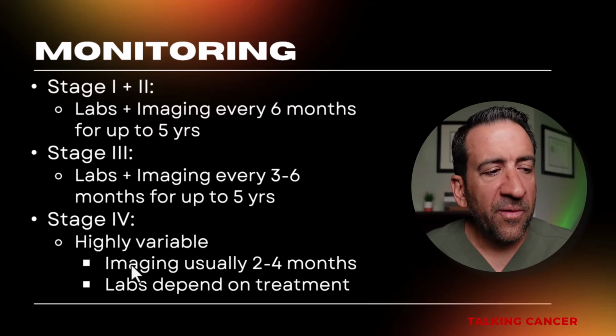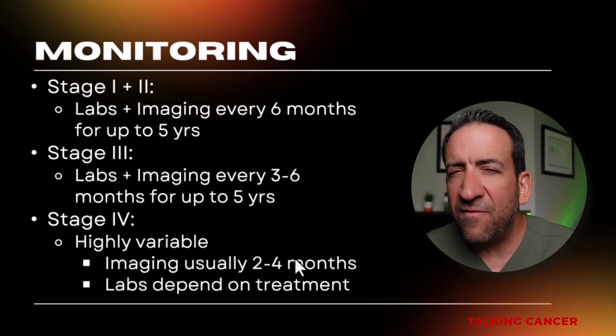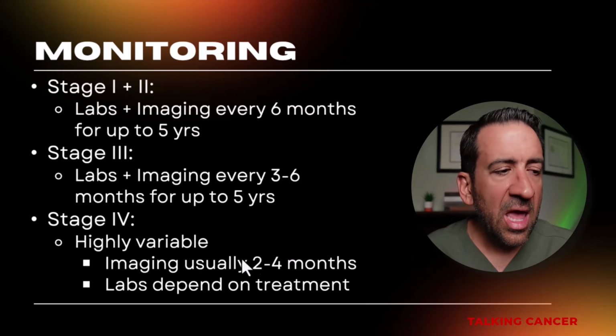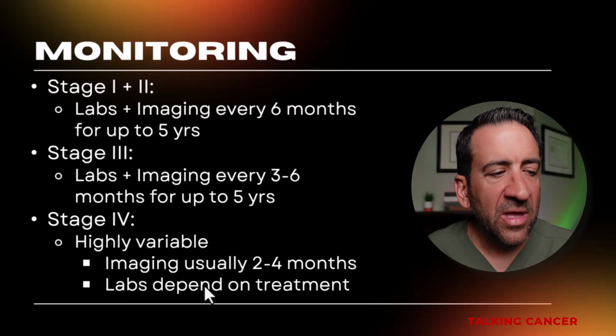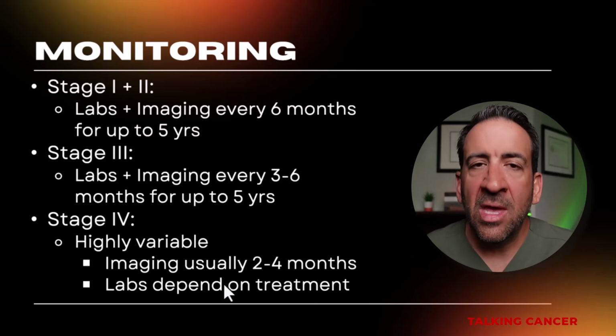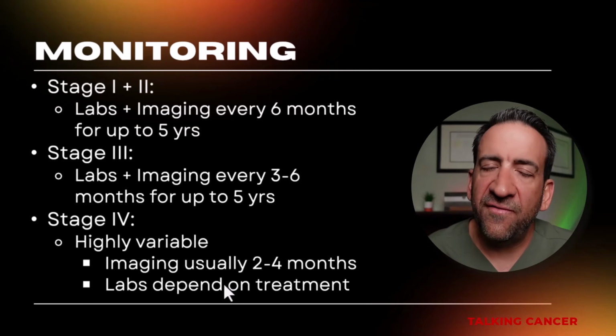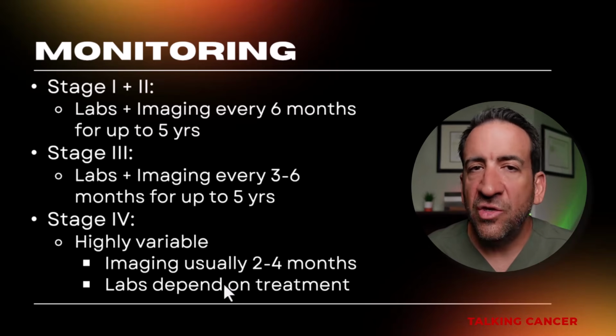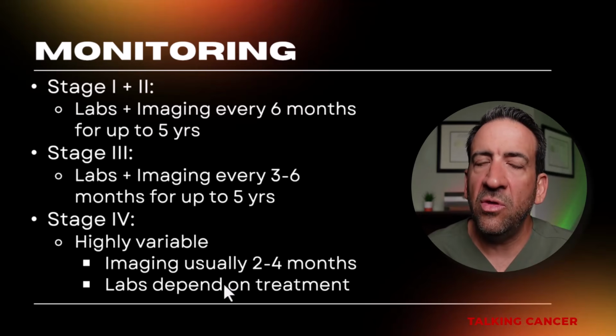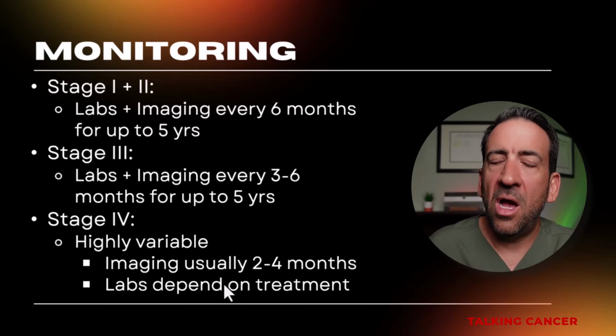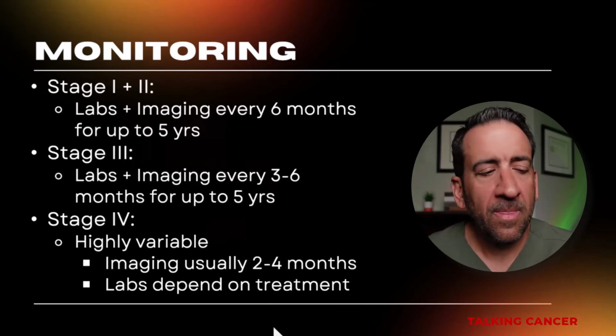So overall, we will perform an imaging test every 2 to 4 months, give or take. And we will also perform labs depending on the treatment you're receiving. There we want to monitor your thyroid, your kidney function, your liver function, your CBC, just to make sure we can continue giving you treatment and you're not developing any unwanted blood side effects, okay?